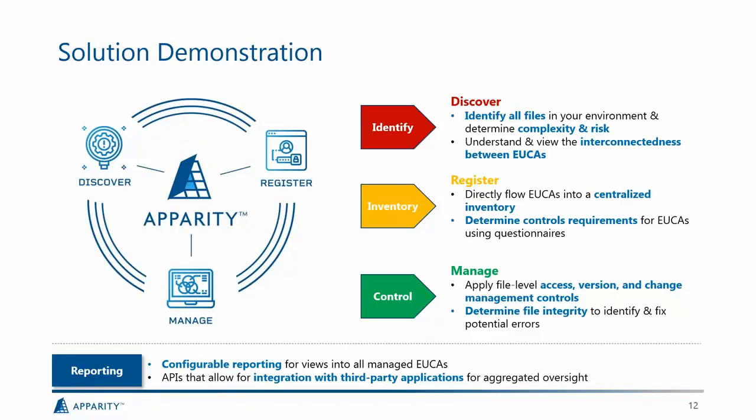There is a summary of the Apparity solution, and if you feel so inclined, there is a video where we briefly go over Spreadsheet Management 101, which you can watch at your leisure. So feel free to download those. Those are yours to peruse, and obviously reach out and let us know your thoughts and if we can answer any more questions.